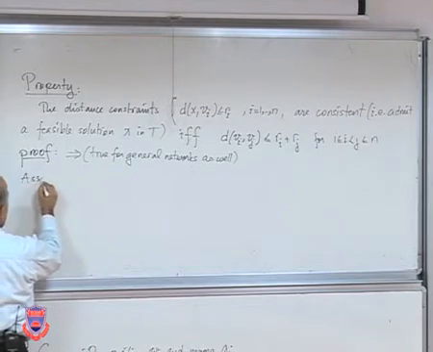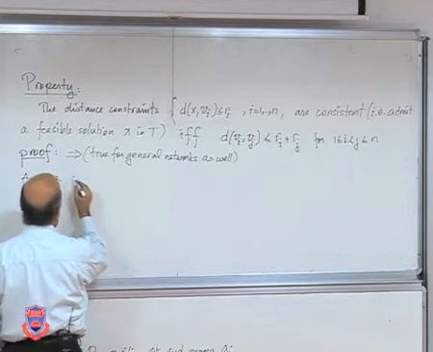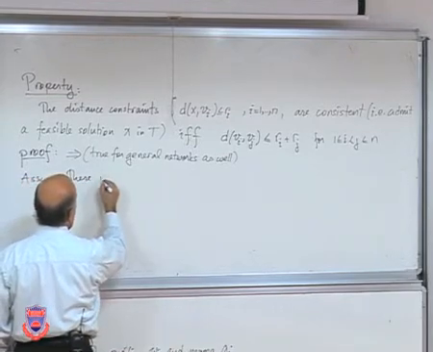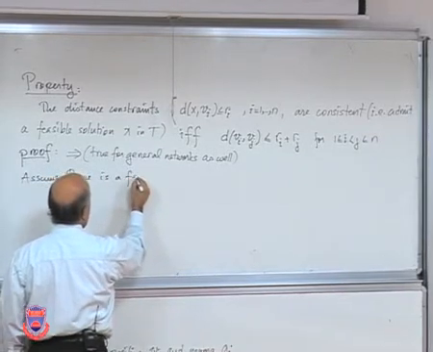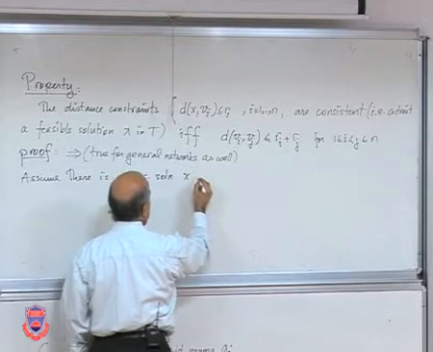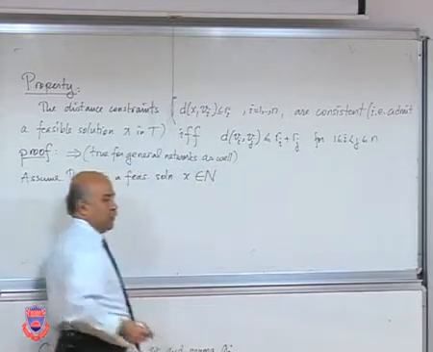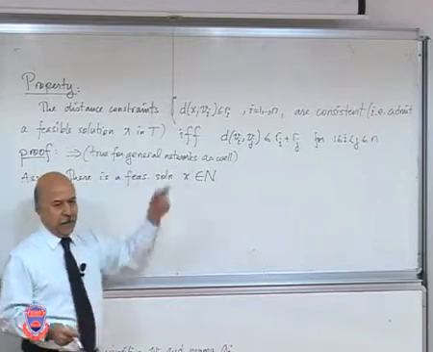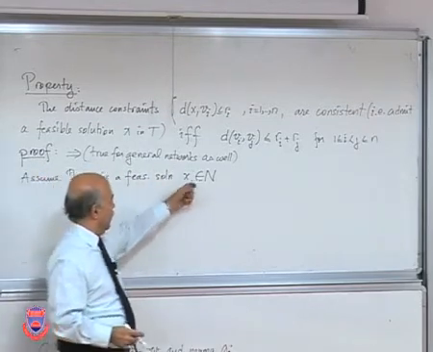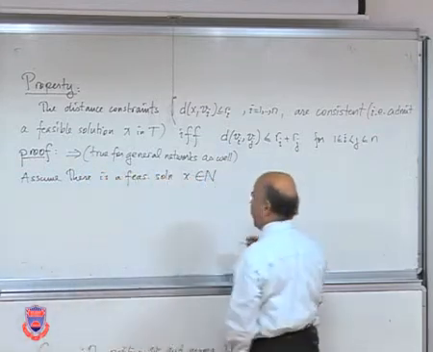By assumption, what do we assume? There's a feasible solution X in the network, because I already said that it's true for general networks. So rather than tree network, let's just take it as a general network.